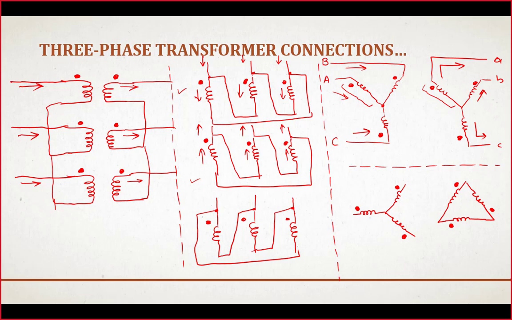This is the second way to make a delta. So there is a difference between these two deltas which are the same, and this delta which is different from the above two. We will discuss the difference between these deltas in the next slides. But at this stage, I just want to show you how to make the connection on paper and how to draw the windings.